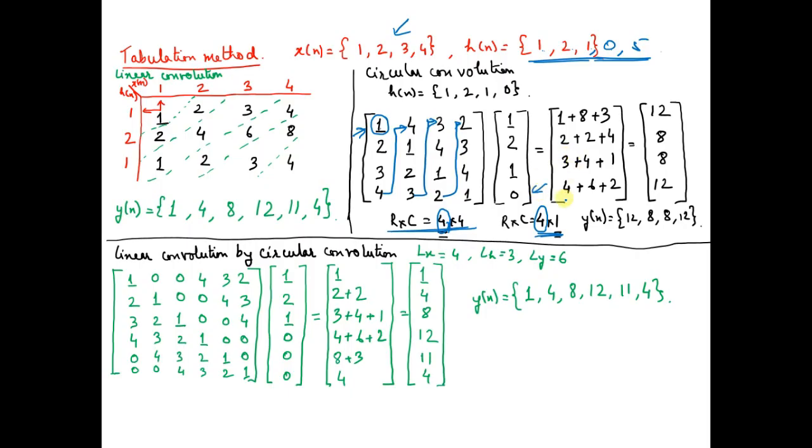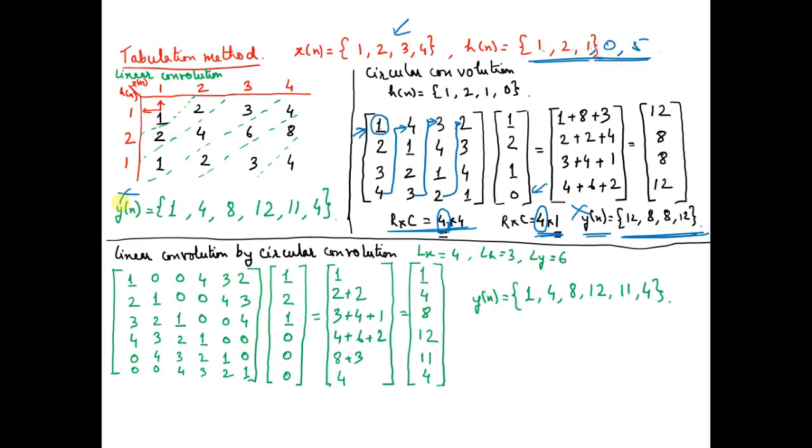Then you perform the matrix multiplication, and if you do this, we get a yn of this thing. But this is not matching with the linear convolution we conducted, right?